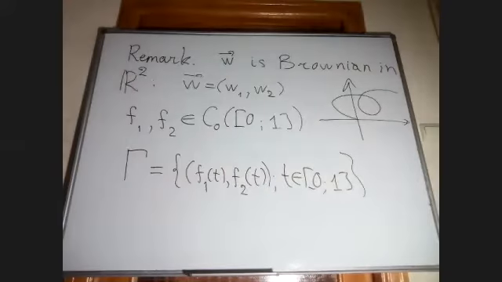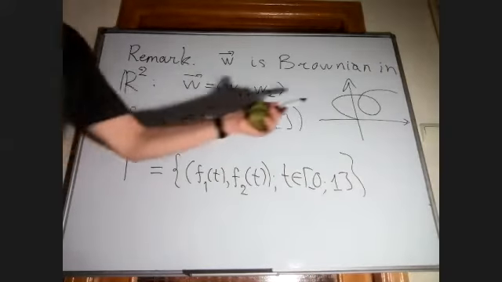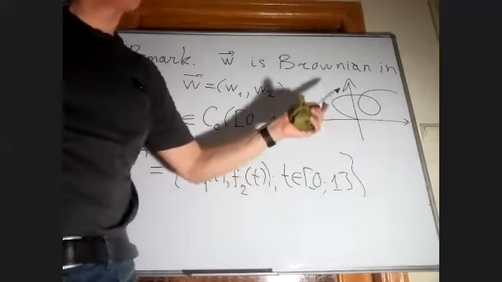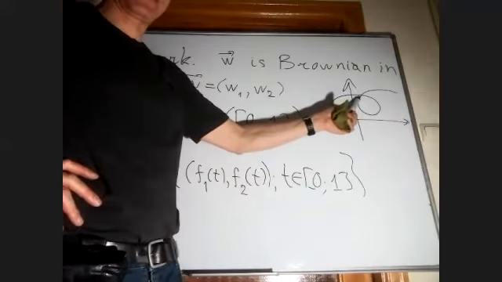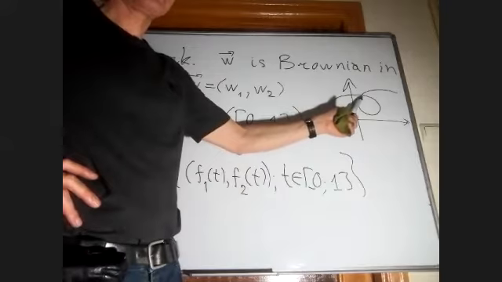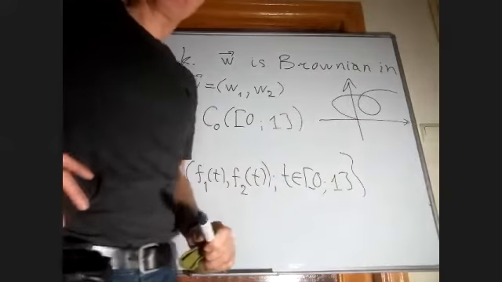Let me, for example, draw it like this. What is important for me is that I just draw an arbitrary smooth curve such that it has a point of self-intersection. This one.